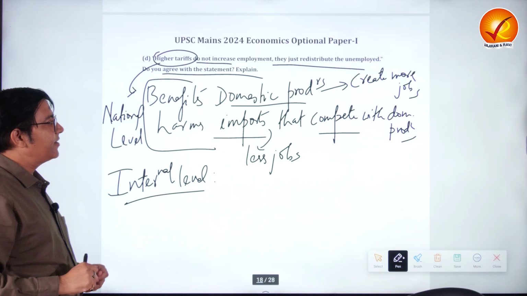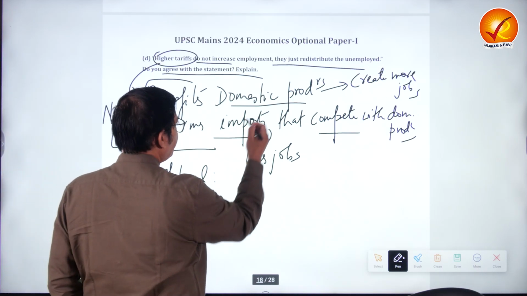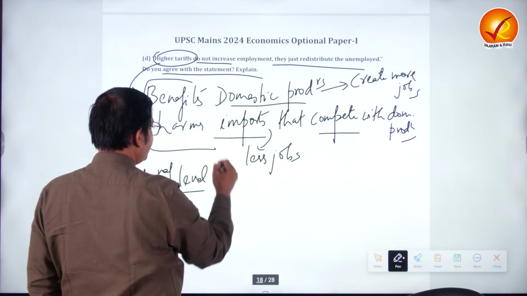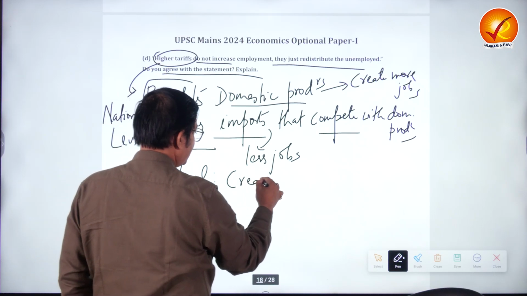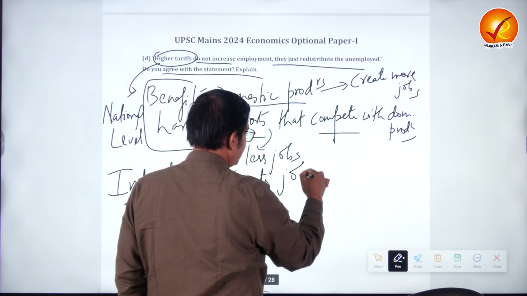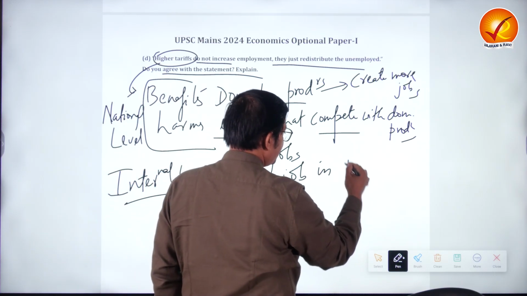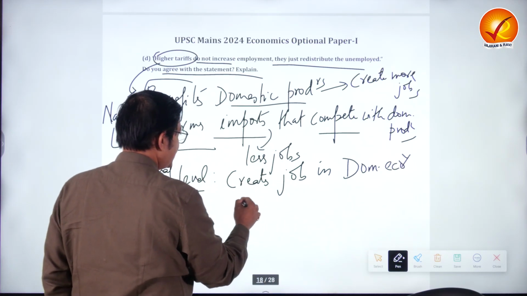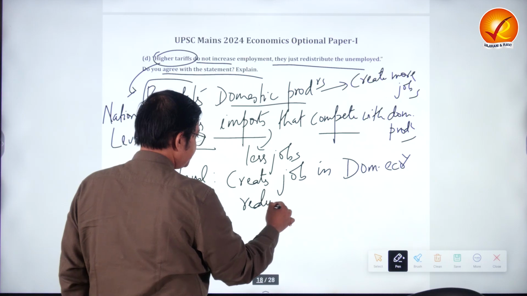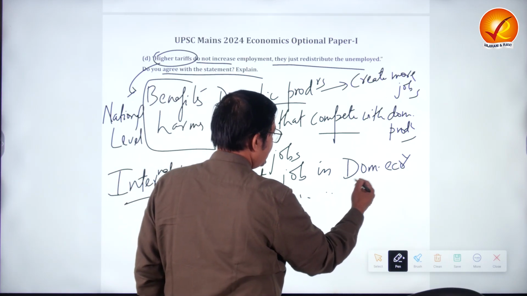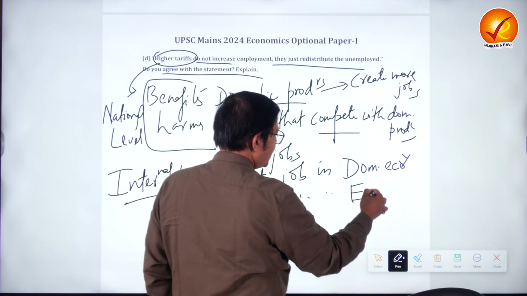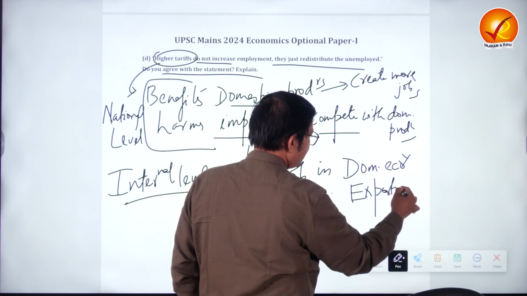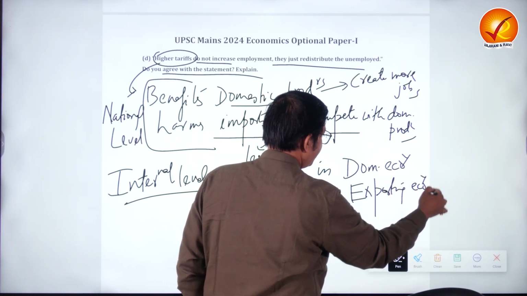At an international level, it creates job in the domestic economy, but reduces jobs in the exporting economy. The country from where that product was exported, there it may lead to job loss.